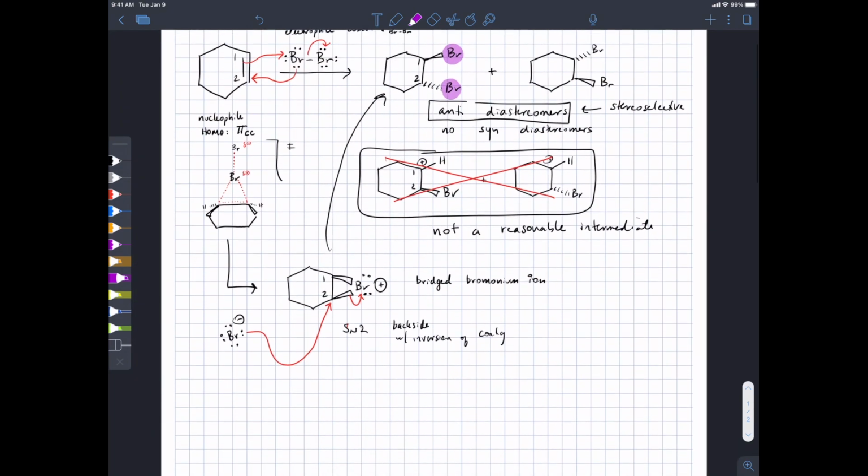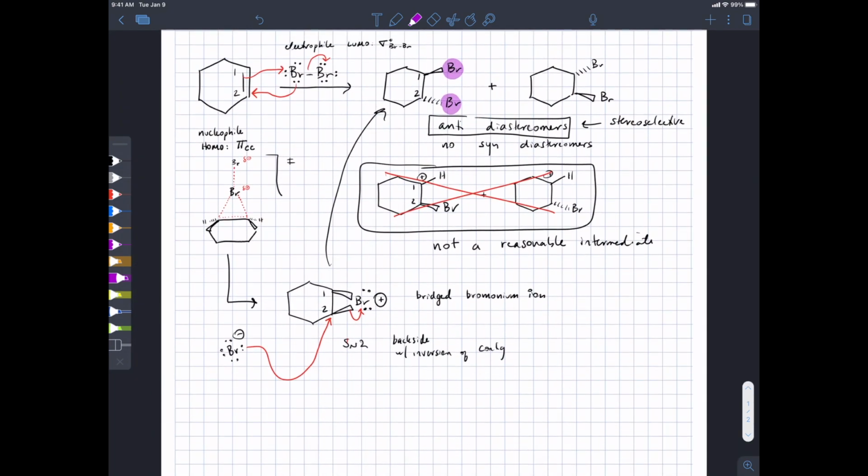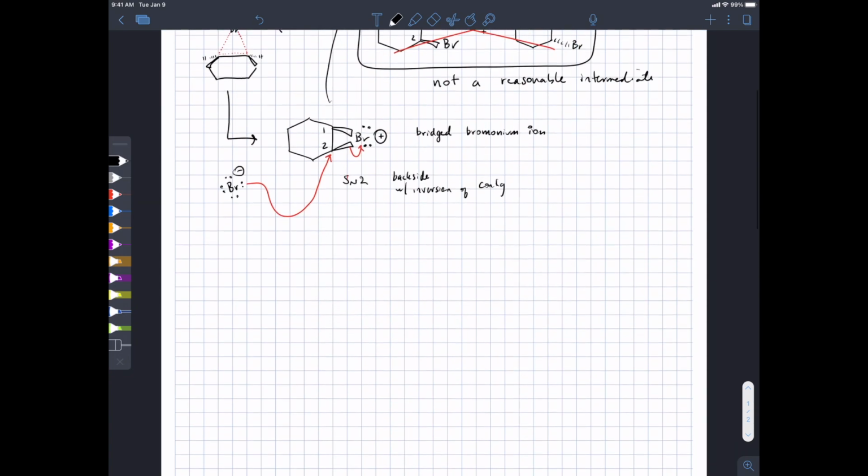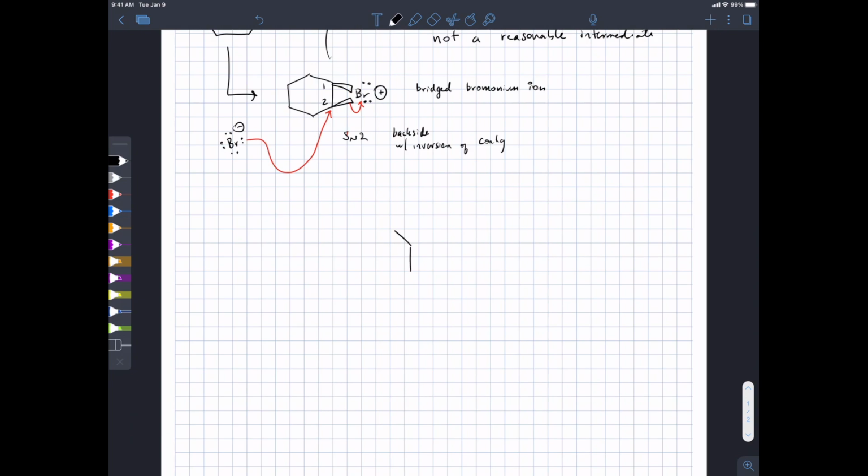But there were some questions in office hours about what anti versus syn diastereomers mean, and I feel like it's worth clarifying. Anti and syn are like cis and trans. They are relative terms, and they're meaningless on their own. So, for example, you could ask, is that an anti-diastereomer?